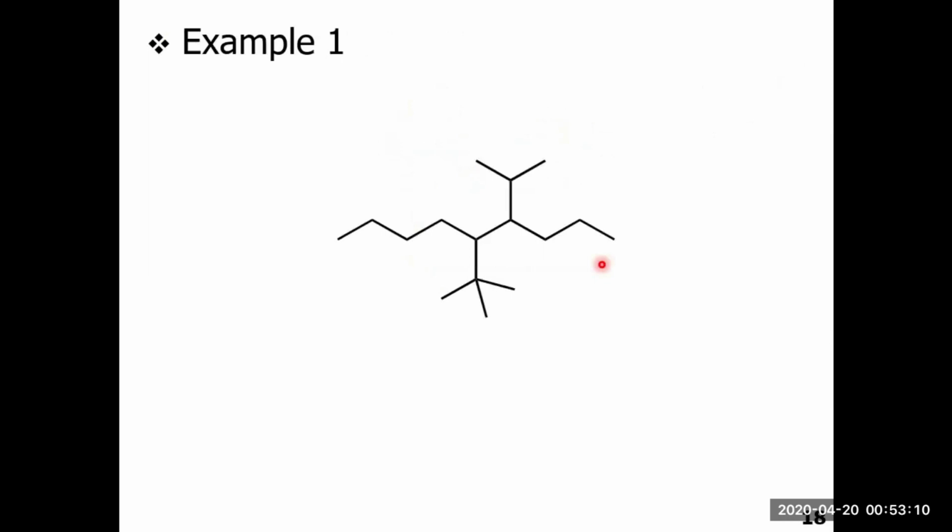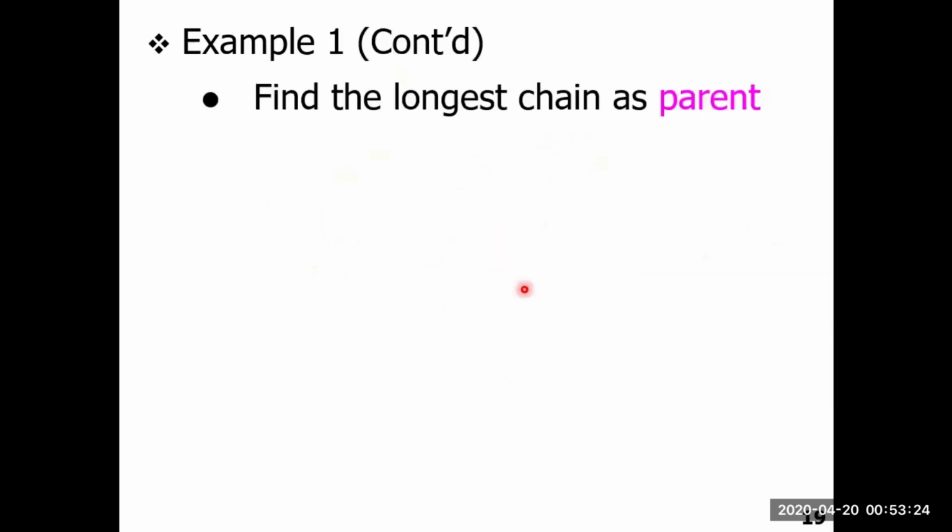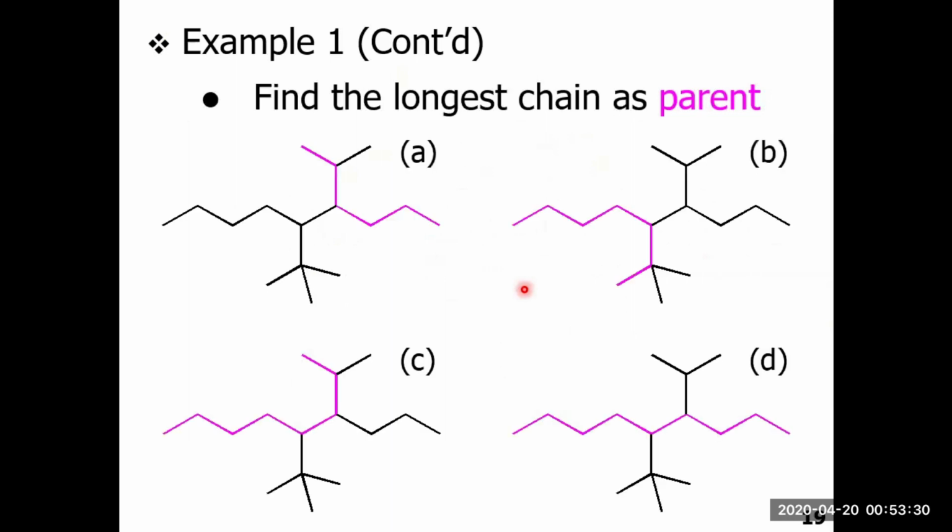Now, let's try to apply the rules that we've learned so far and see the name for this molecule. Again, we have to find the longest continuous carbon chain, and that becomes our parent. There are possible choices, obviously.